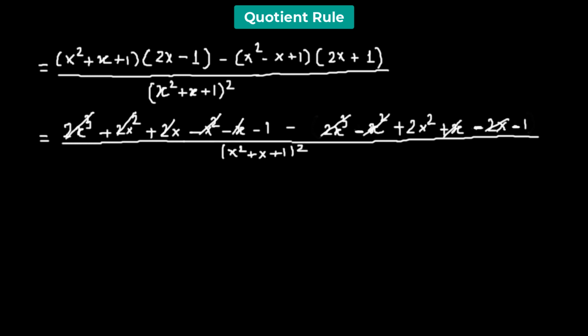So we have a positive 2x squared minus... oh, that will be 2. Negative 1 and negative 1 will give us negative 2 divided by x squared plus x plus 1 whole squared. So this is the derivative of the given function with respect to x.